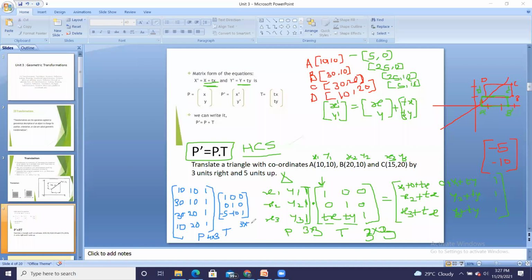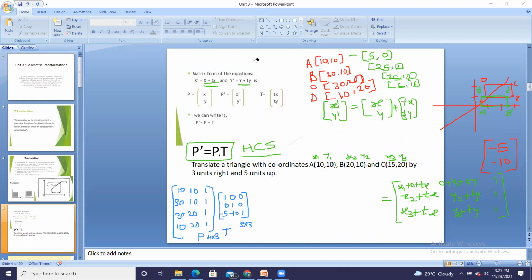So ultimately, what is the order of P dash? The order of P dash will be 4 by 3, the product of these two matrices.